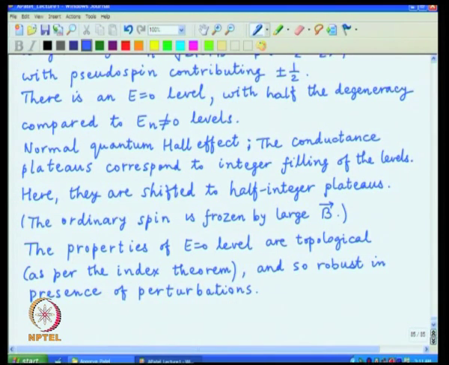So, that is the feature of what is seen in case of quantum Hall effect in graphene.